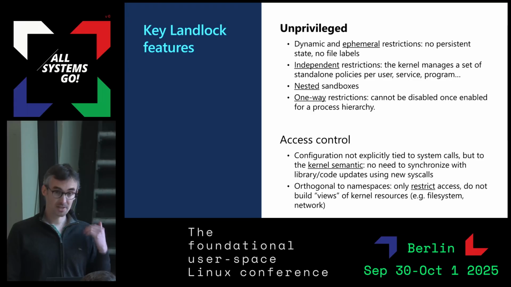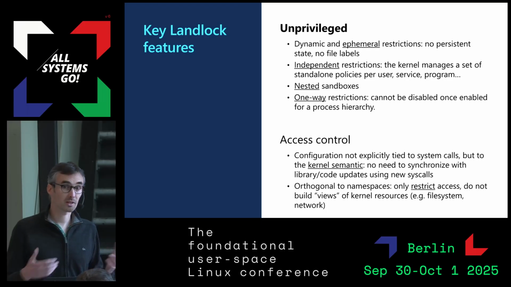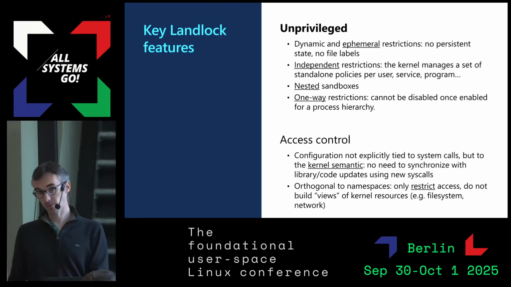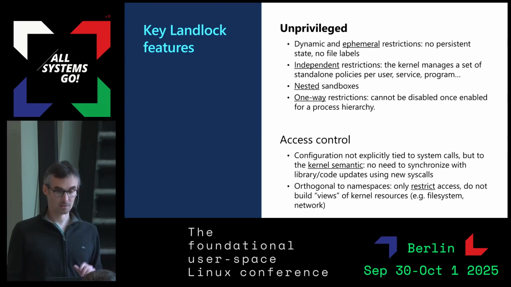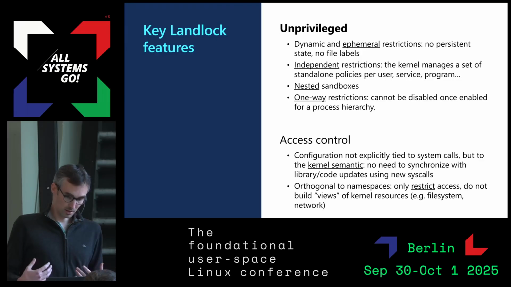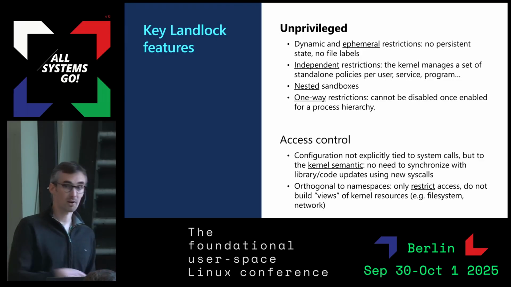Seccomp is at the syscall layer, so it cannot dereference pointers natively. And seccomp is not an access control system. It's still really useful, but it's mostly like a firewall for syscalls. Landlock is an access control, so it enables you to restrict access to files, file hierarchies, and so on.